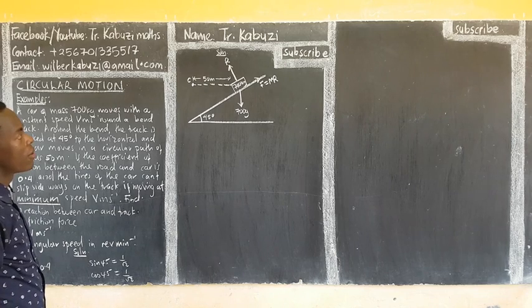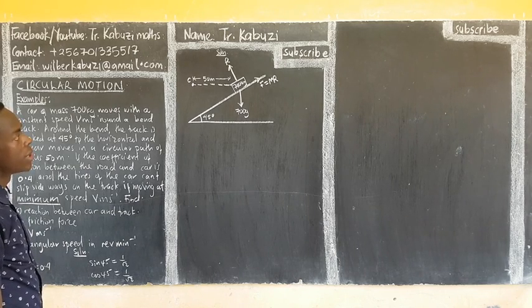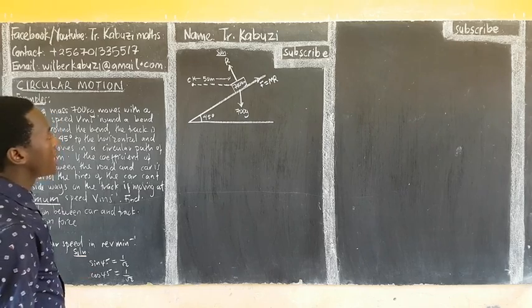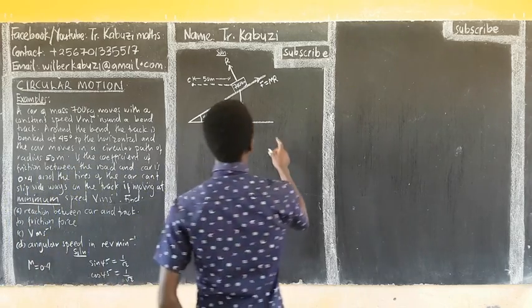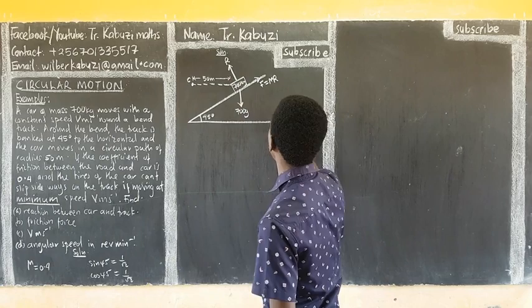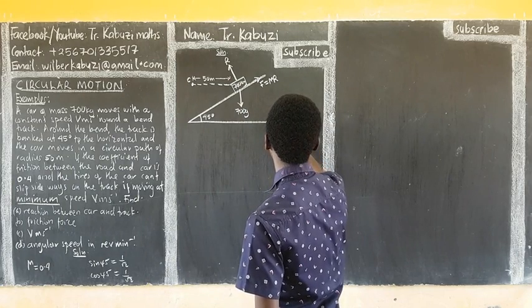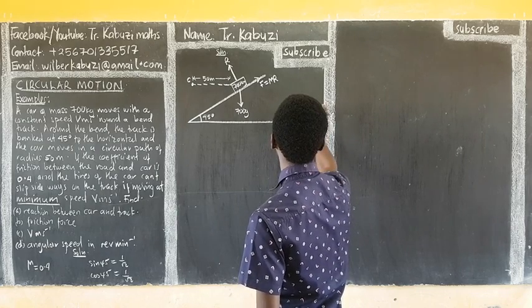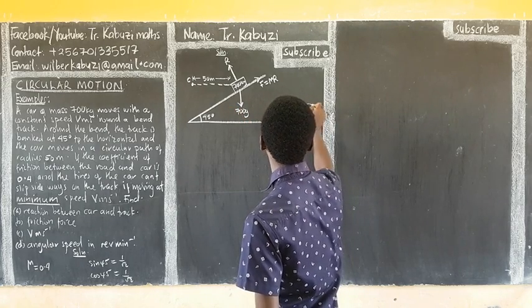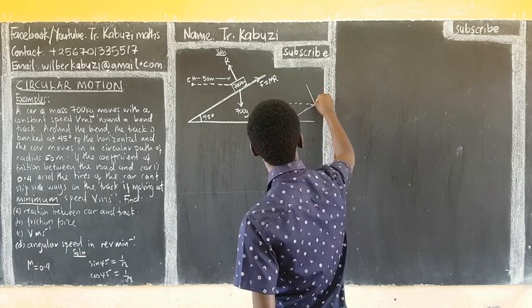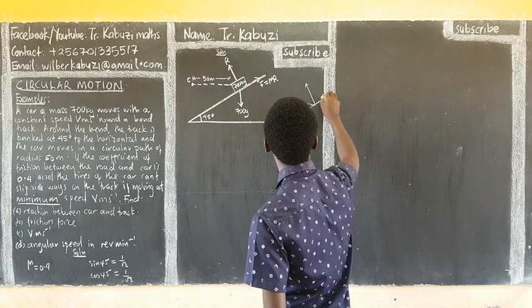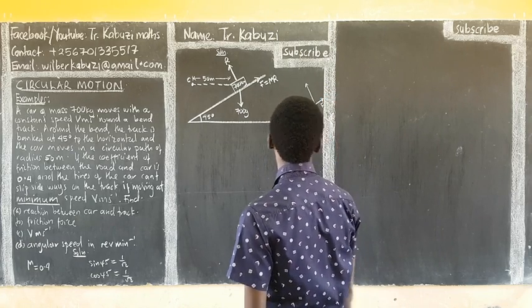Our task is now to resolve that force into a horizontal and a vertical component. So we have everything now. If I draw this simple diagram, this is the horizontal, this is the force we have, and the center C there. So we have our R there, and then we have our force in that direction, the frictional force.